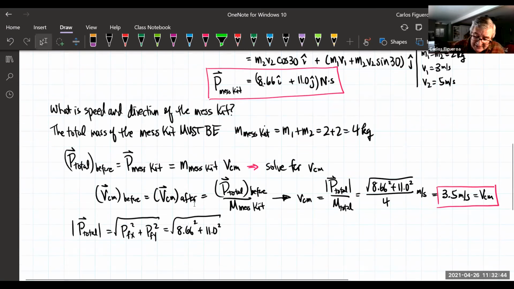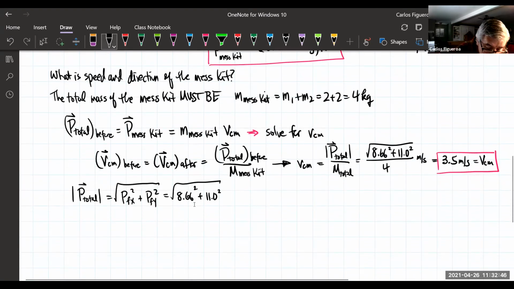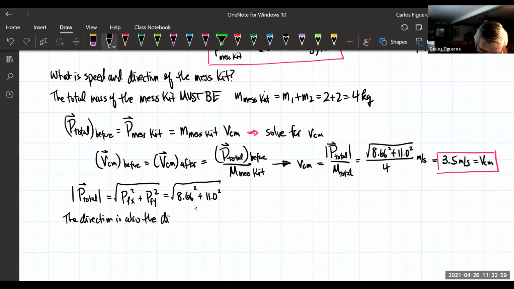Now, if I do the exact same thing to get the direction, the direction of the center of mass velocity is also the direction of the total momentum.